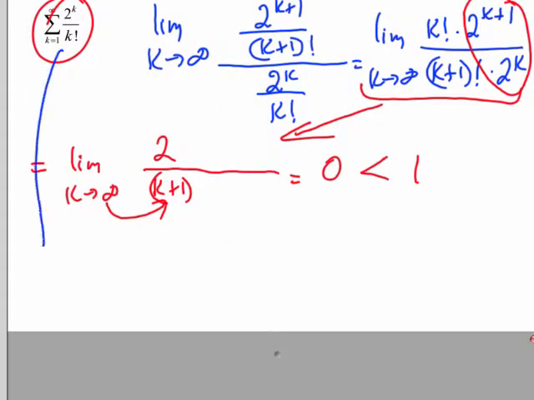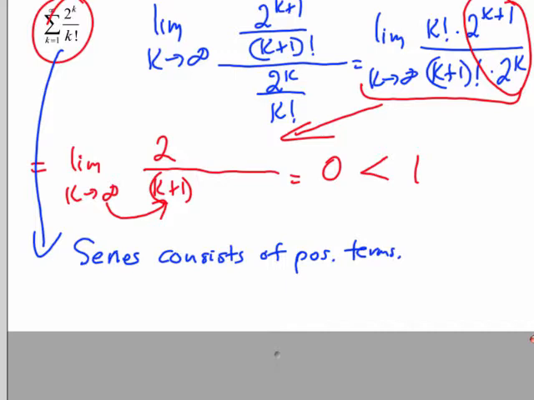So let's justify our solution. So our series consists of positive terms since the limit, as k goes to infinity, instead of writing the whole thing out, I'm just going to use the notation.